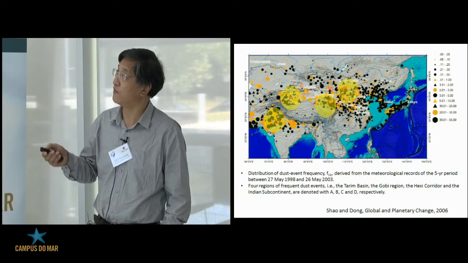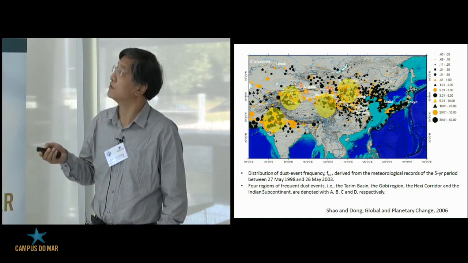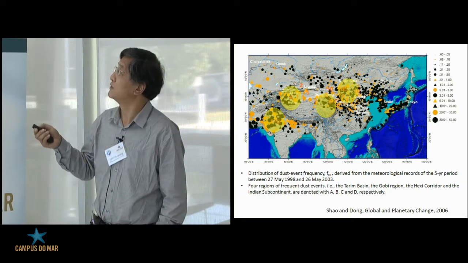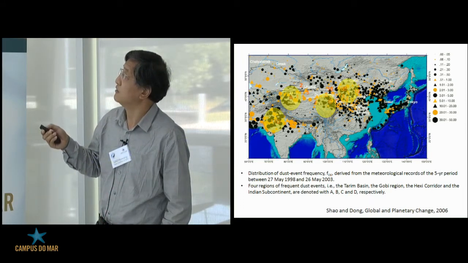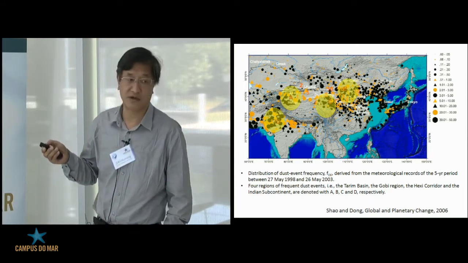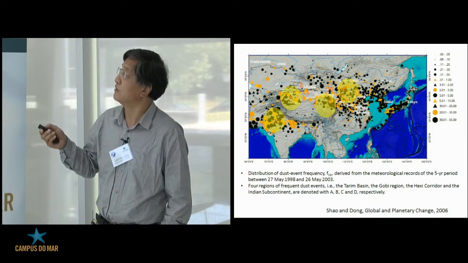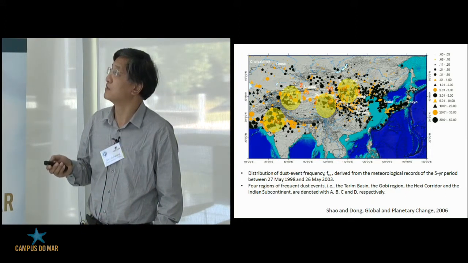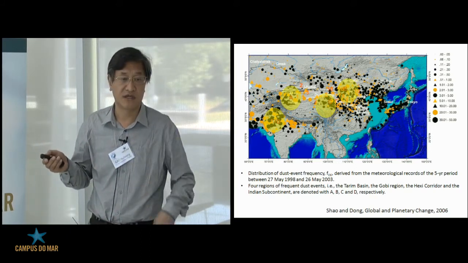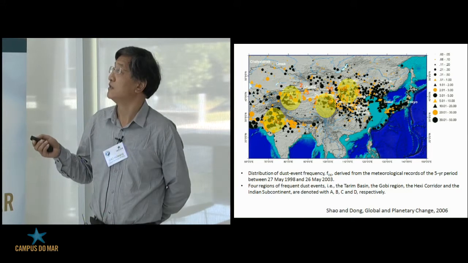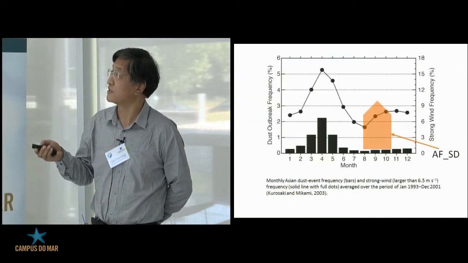So these are the 4 main sources. These symbols show the frequency of dust storms over these years, so you can see even in the south, Korea and Japan have some impact from the Asian dust.